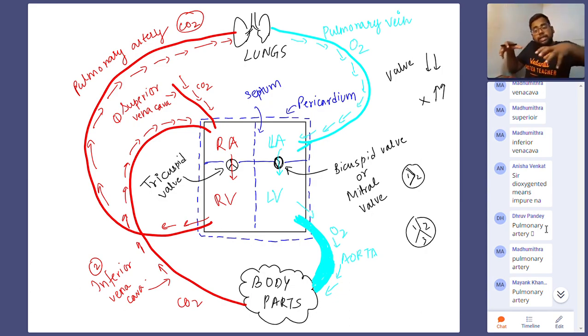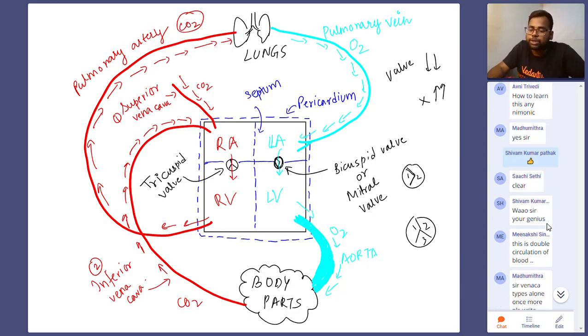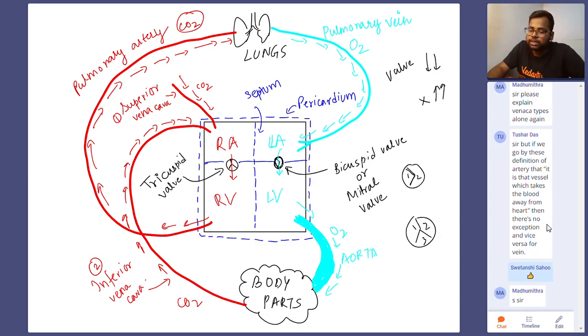And the inferior carries the deoxygenated blood from the lower part, from the lower limbs, legs. Got it? Clear? This is an exception. Pulmonary artery and pulmonary vein are the only exceptions.